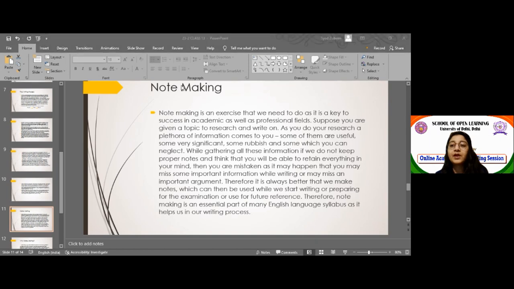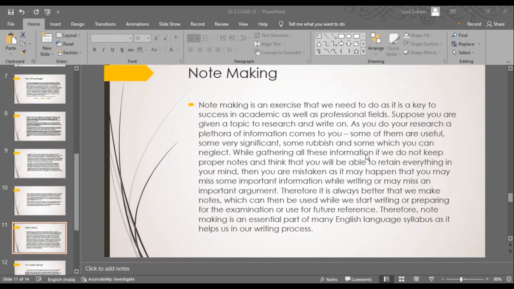Okay, so what is note making? Note making is an exercise that we need to do as it is a key to success in academic as well as professional fields. Suppose you are given a topic to research and write on. As you do your research, a plethora of information comes to you. Some of them are useful, some very significant, some rubbish, and some which you can neglect.